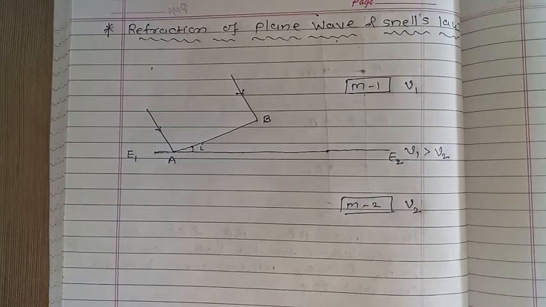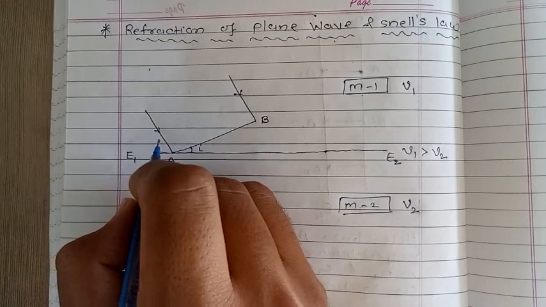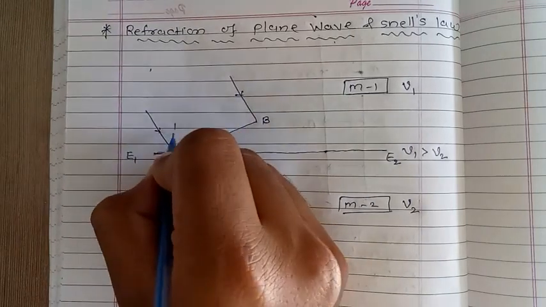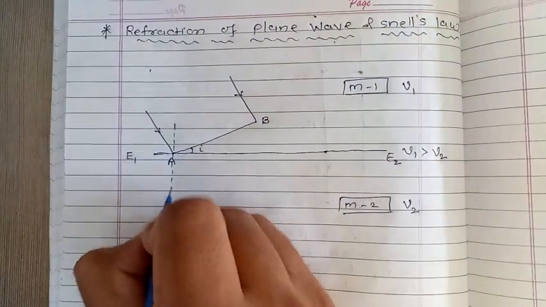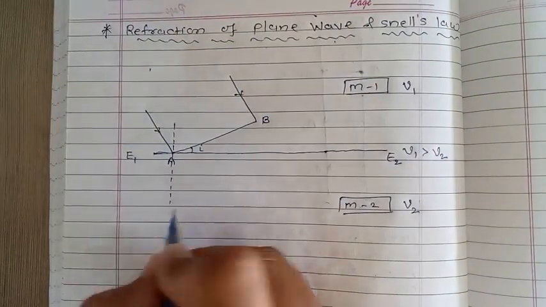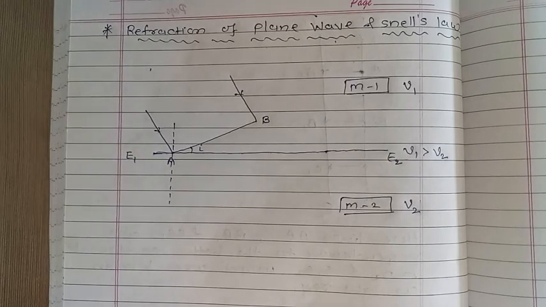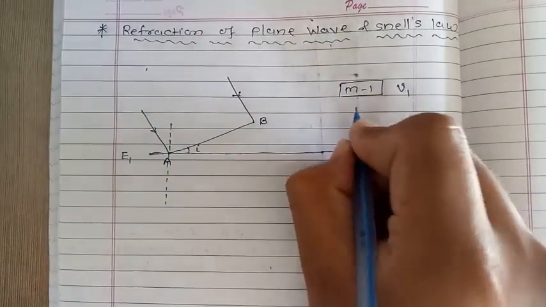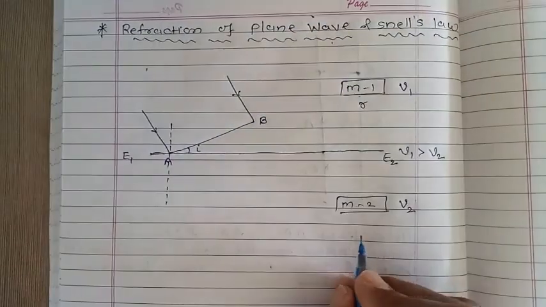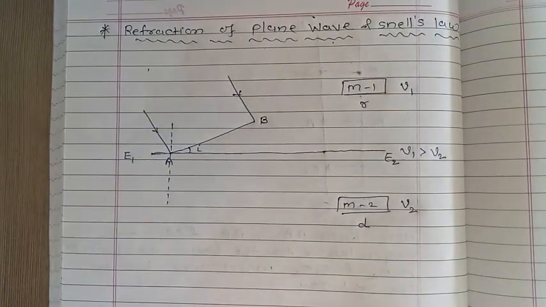Now this is the normal, like this. Here we consider medium 1 as the rarer medium and this is the denser medium, right?